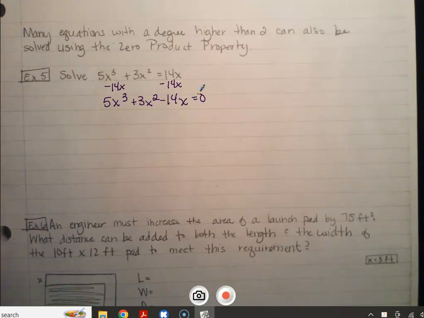All right. Do they have anything we can factor out right away? Absolutely, right? We could factor out an x. They all have x. So let's do that because it's not in standard form. That would give us 5x squared plus 3x minus 14 equals 0. That looks a little better.